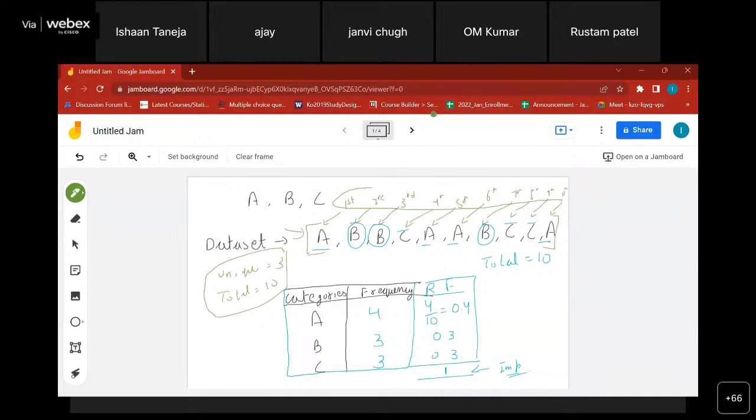After that, we put them in some tabulated format. Let's call it table 1.1. Here, if you notice, each category is your case, right? Because when I say category A, it uniquely identifies the first row. Category C uniquely identifies the third row.